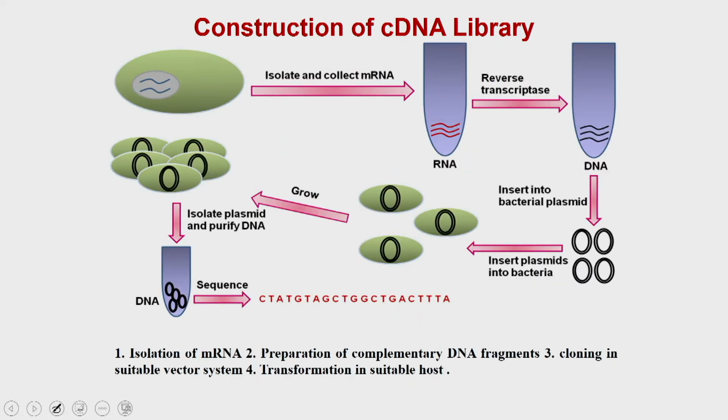Apart from that, for the cDNA library, the first step is that you isolate and collect the messenger RNA. Then, with the help of the enzyme reverse transcriptase, you produce the complementary DNA, the cDNA.